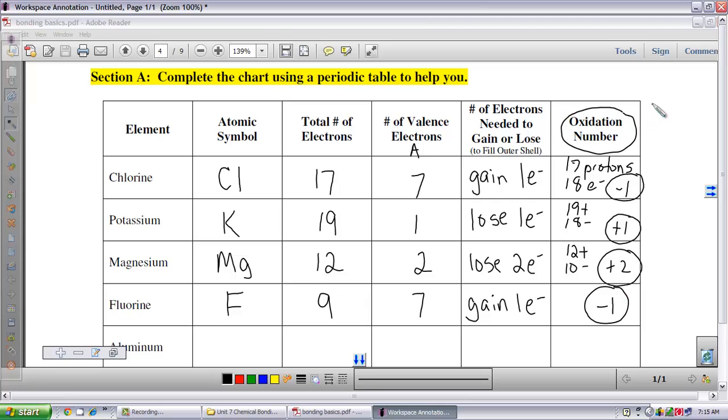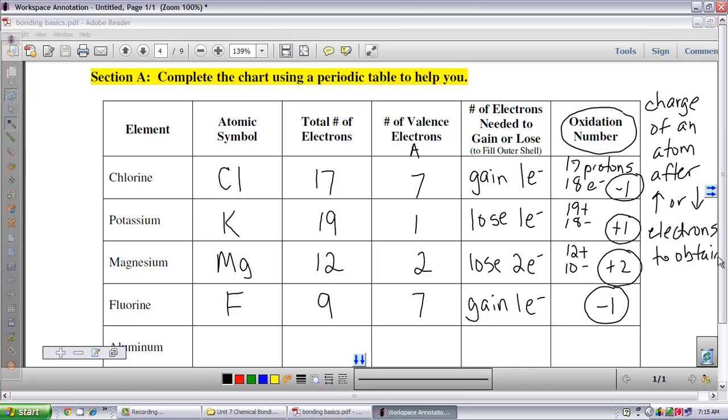The oxidation number is obviously the charge of an atom after gaining or losing electrons to obtain a full outer shell. And the full outer shell is what causes the bonding between atoms so that they're both stable.